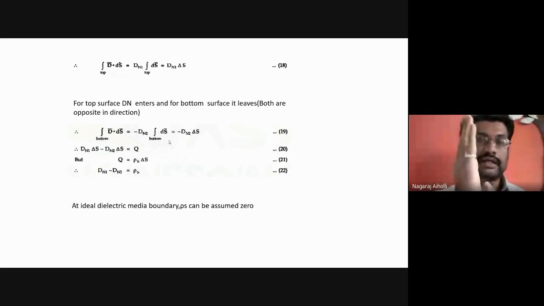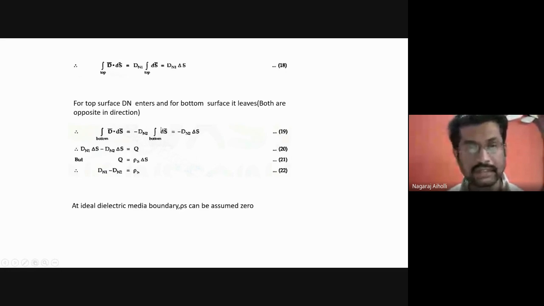Therefore, the top integral is Dn1 delta s, but for the bottom it will be minus Dn2 times the bottom integral of dS bar, because for the bottom surface it is leaving and for the top surface it is entering. This will be minus Dn2 into delta s, where delta s is the area of the surface that we have considered, so it is minus Dn2 delta s.